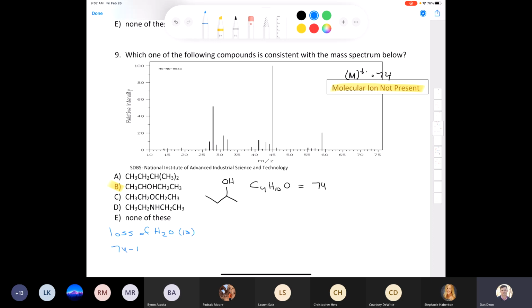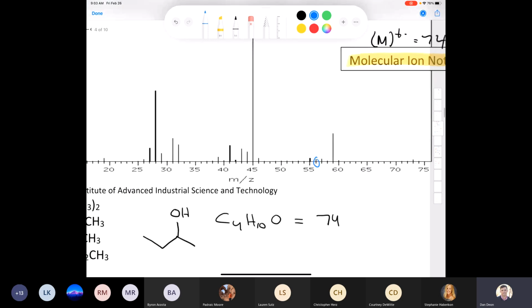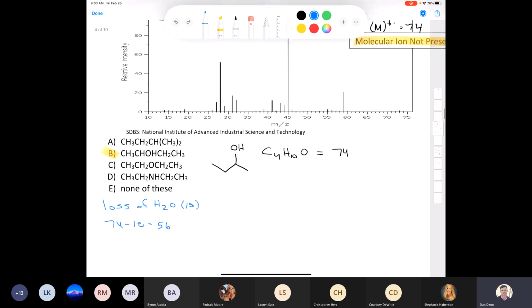So 74 minus 18, and we end up with 56. Okay. Now I don't see a big peak at 56. You look, we've got 55, and 56 is pretty measly. So remember that not every alcohol in the world is going to do the same thing. They're not all going to lose water and give you a big peak. Some of them will, some of them won't. So I don't see a big peak for loss of water.